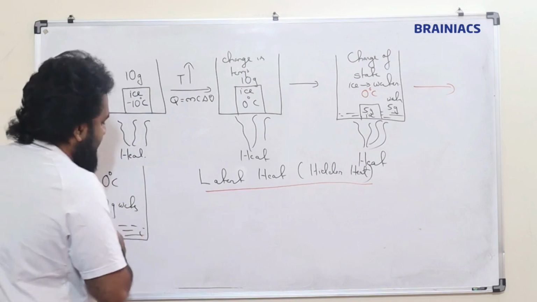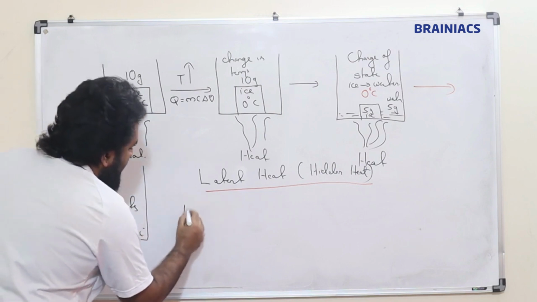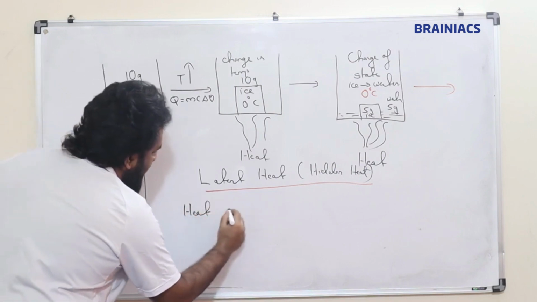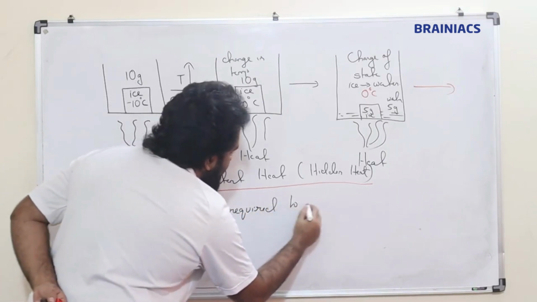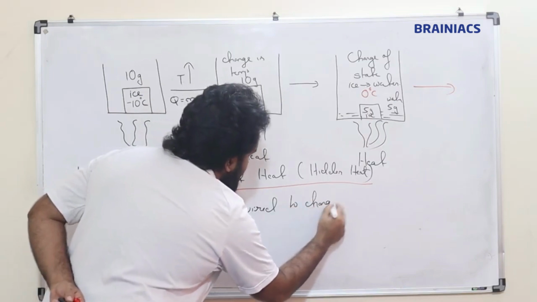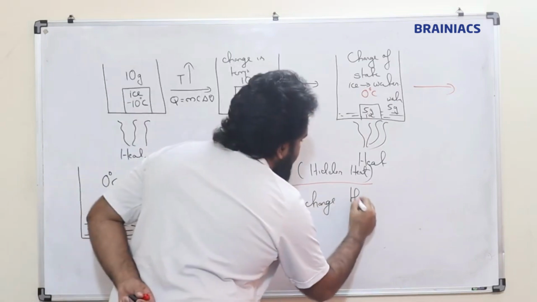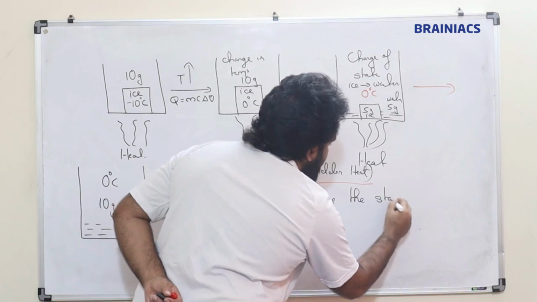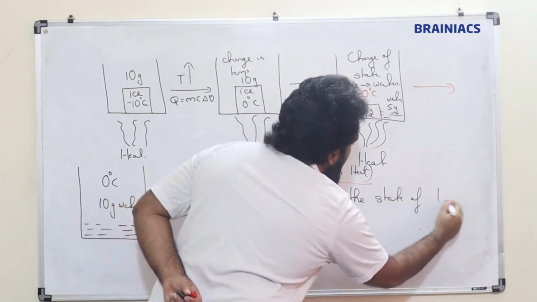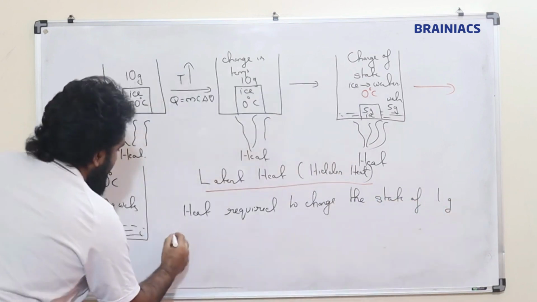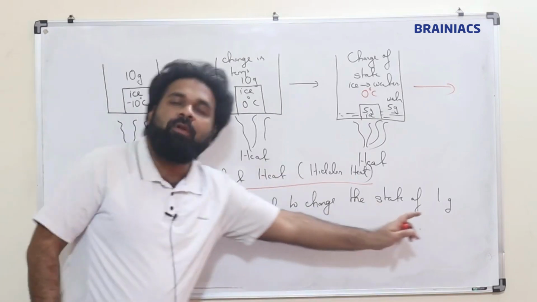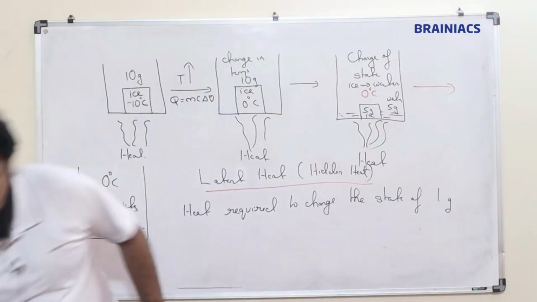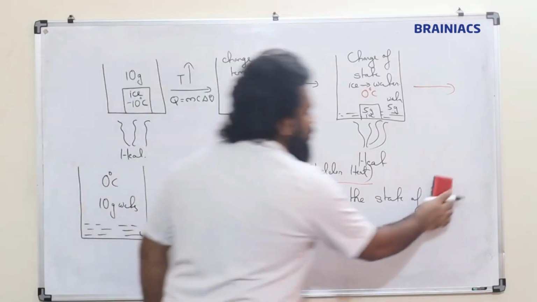So we can say latent heat is the heat required to change the state of 1 gram or unit mass. So 1 gram will be in calorie and 1 kilogram we can say in joule.